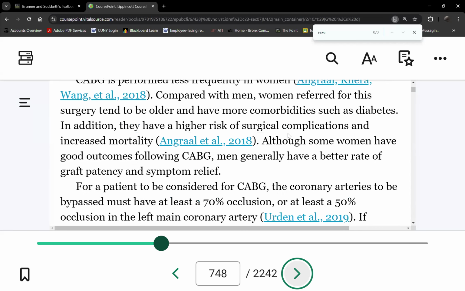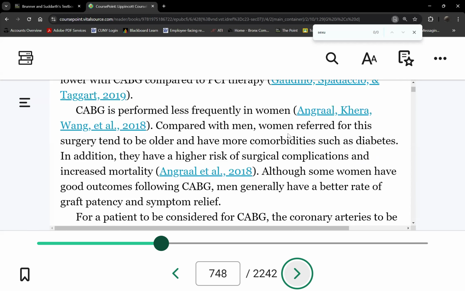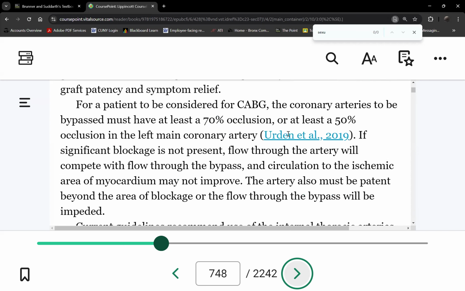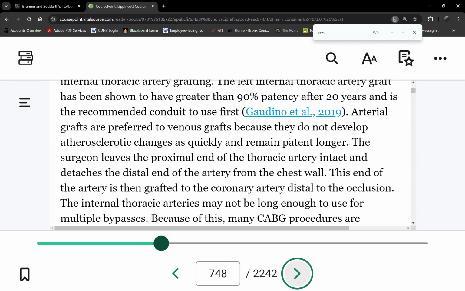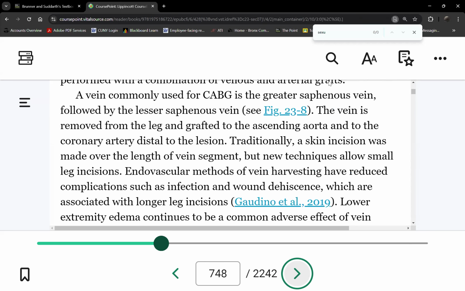Now the grafts that will be used can either be a vein or an artery. If it's a vein, then it will be the saphenous vein, or it can also be the peroneal vein. But the biggest vein will be saphenous. So they'll use that.